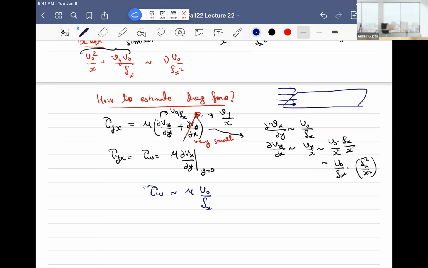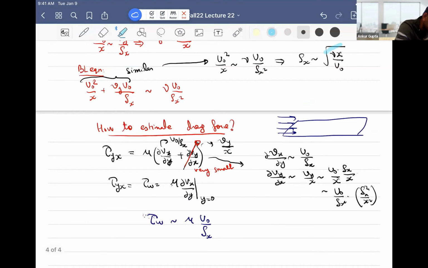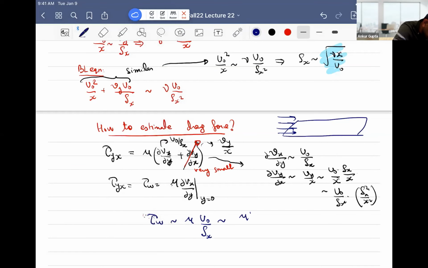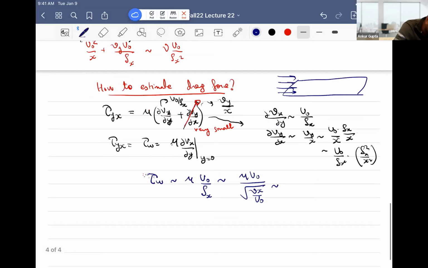It's very important. Okay. So you have this, and now I know what my delta x is. I know my delta x is this, so substitute that: mu u naught by square root of mu x by u naught, and what you will get is a fascinating result that says this is equal to mu u naught cube rho by x, all in square roots. Please try this and confirm that, and you remember that nu is mu by rho, so I've used that mu by rho.